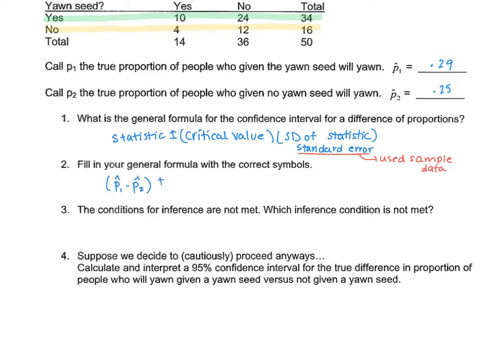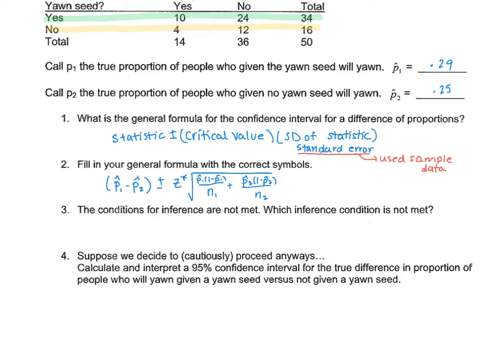We're dealing with proportions, so our critical value is still going to be z star, and I'll remind you how to get that later in this video. The standard error is going to be the same standard deviation formula we used in the previous video for sampling distributions: the square root of p hat 1 times 1 minus p hat 1 over n1, plus p hat 2 times 1 minus p hat 2 over n2.